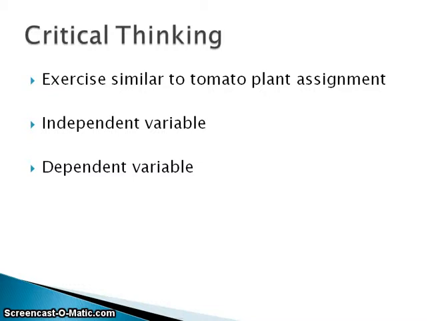So if we fill in those blanks with the tomato plant assignment, we found out that the size of the tomato depended on the amount of sunlight. Therefore, the dependent variable was the size of the tomato, and the independent was the amount of sunlight. The example you'll be given on the exam is very, very similar to this, so make sure you have a firm understanding of what those questions were asking.